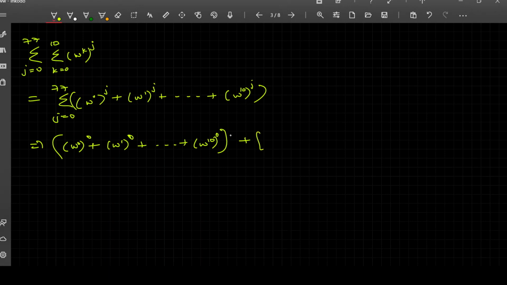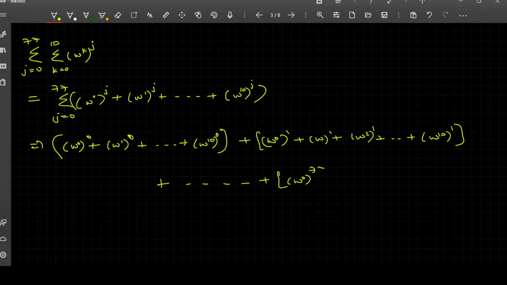And now j equal to 1, so this turns out to be omega power 0 power 1 plus omega power 1 plus omega square power 1 plus so on till omega power 10 power 1, and this is another set, plus so on till at last we'll end up with omega power 0 power 77, omega power 1 power 77 plus so on, plus omega power 10 power 77, and this is the last set.